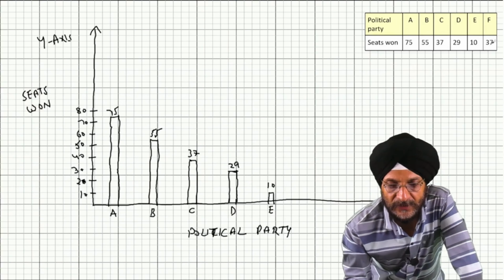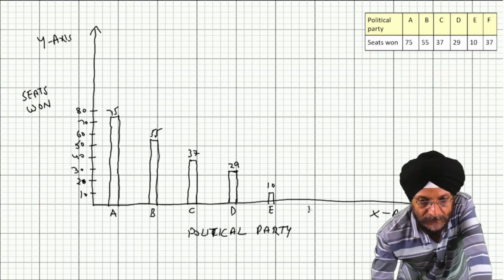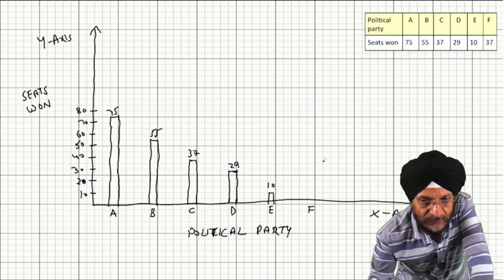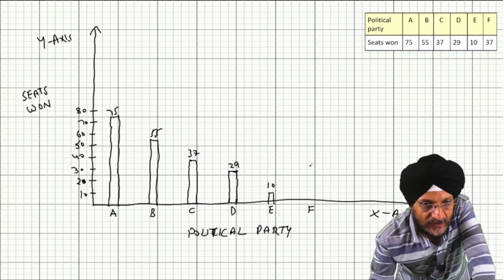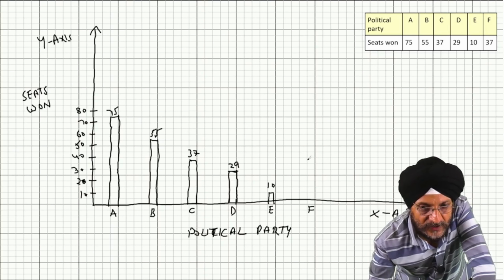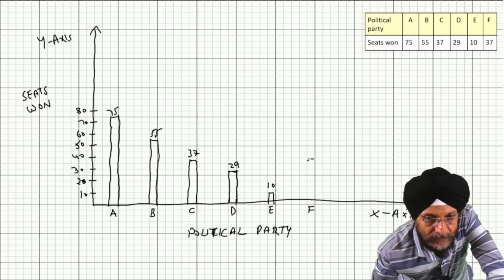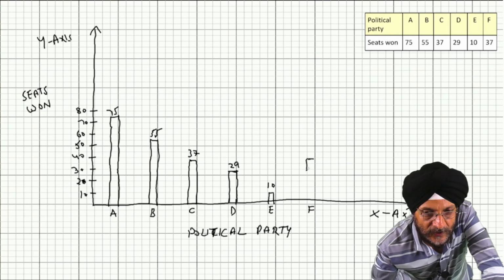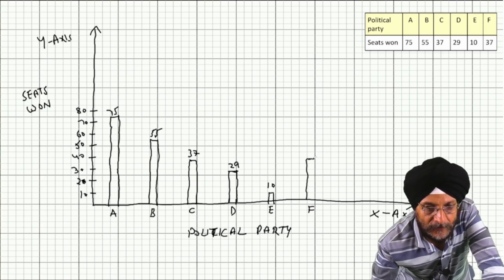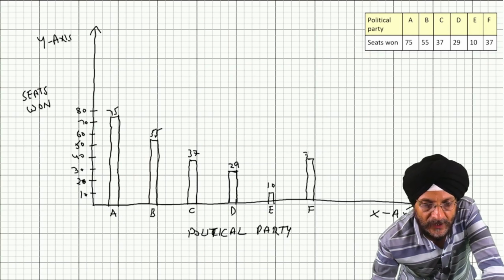Now the next political party is F. It is 37. It will be somewhat here. Here it is 37.